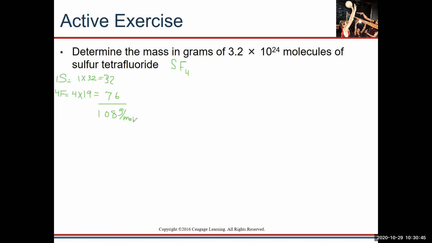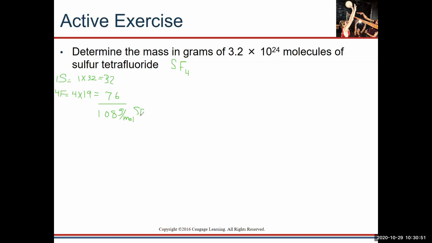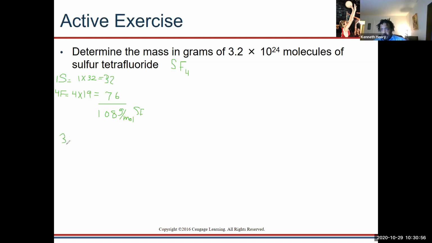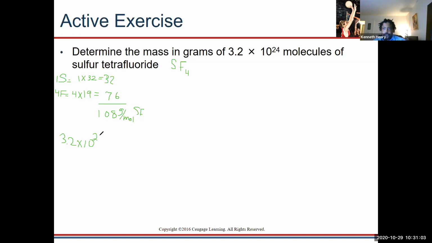Okay, so what am I going to do next? We will get the given: 3.2 times 10 to the 24th molecules of SF4.